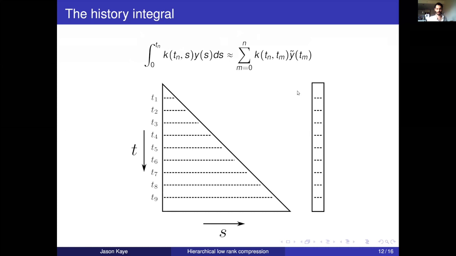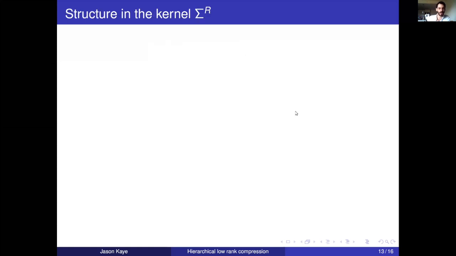So the collection of all these history sums is a big triangular matrix vector product. Of course, the problem is that we are only getting y coming in one entry at a time. So we can't just apply this big matrix all at once because we don't know the y values yet. We have to apply them one at a time.